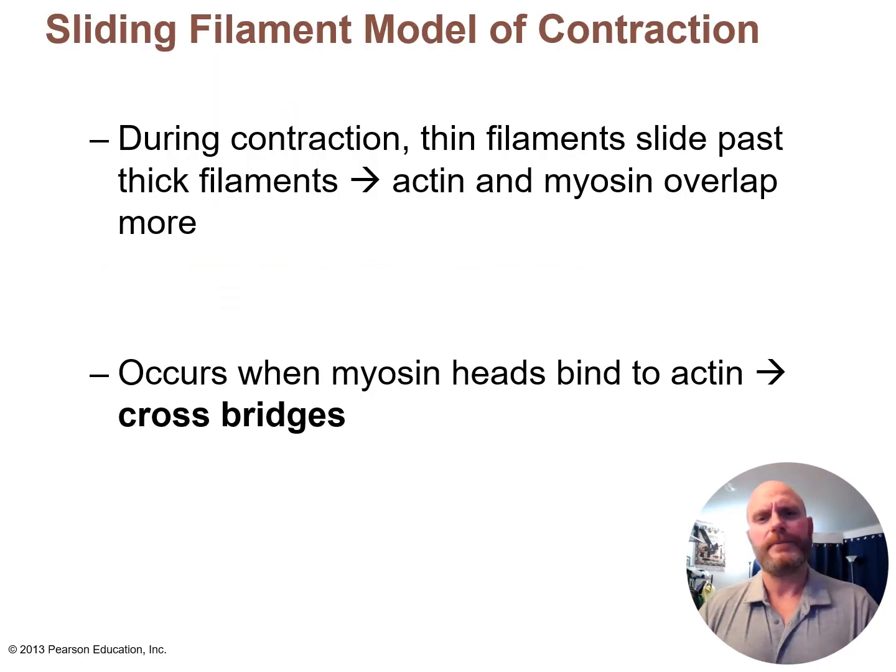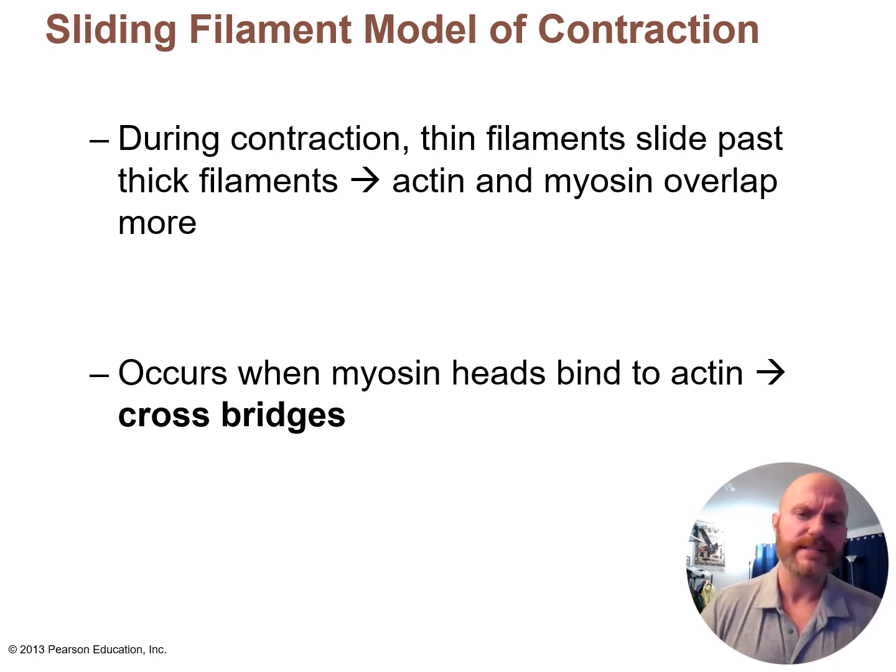Our sliding filament model of contraction tells us that during contraction, the thin actin filaments slide past the thick myosin filaments, and this causes actin and myosin to overlap even more than they did before. Cross bridges form when the myosin heads bind to actin.